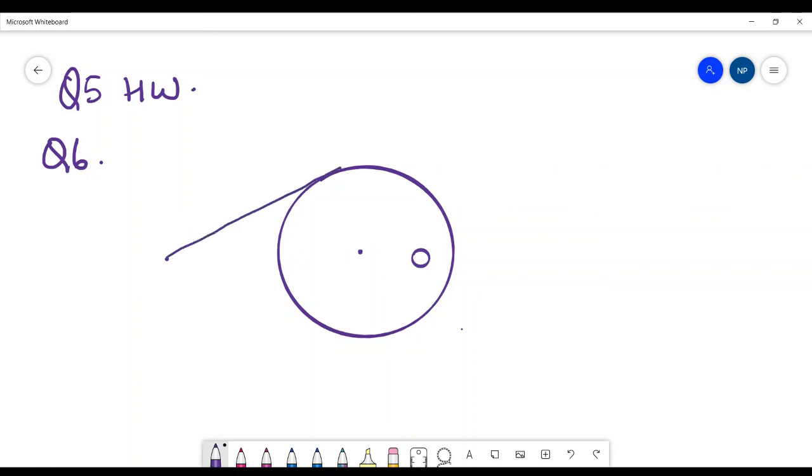Say P. Let this be A. And the length of a tangent from a point A at a distance is 5 cm from the center of the circle is 4 cm. Okay. So this is the particular line. Let us join OP.